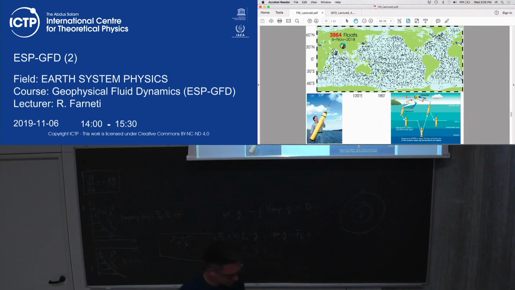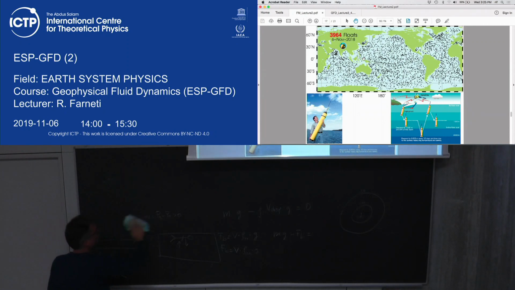And another nice example of buoyancy and buoyancy force is this one. This is an oceanographic example, and I have 4 minutes for this. This is an instrument that oceanographers use to measure the ocean.